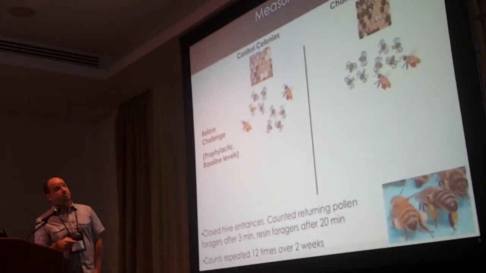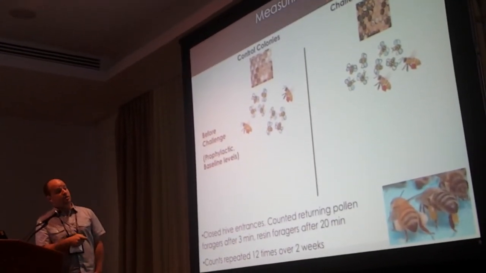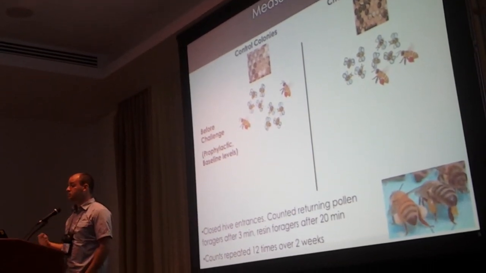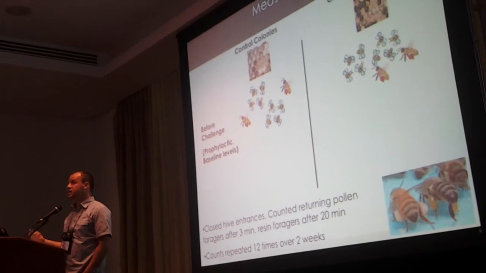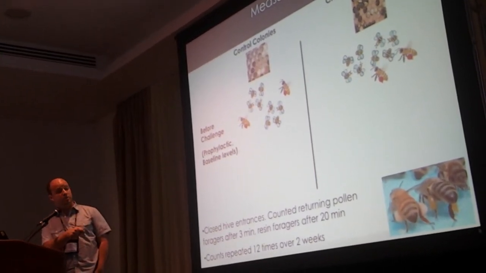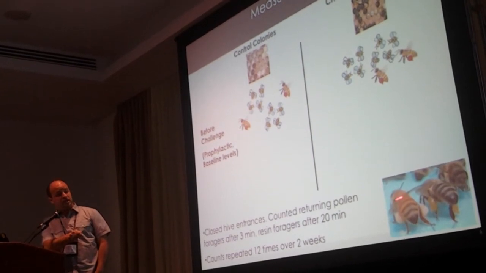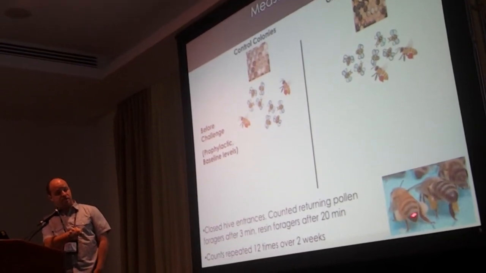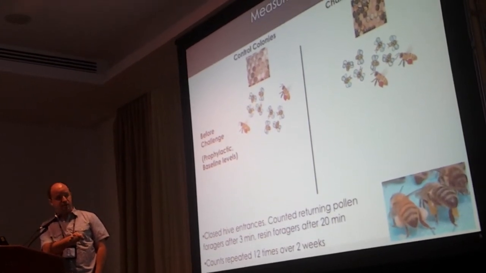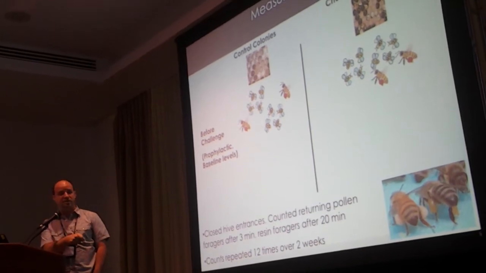All right, now in terms of resin use. To determine how much resin the bees are bringing in, we close up the entrances to hives and look for the number of returning resin foragers. Here, this is a pollen forager, and this is a resin forager. I've had lots of practice seeing hundreds of these, so I can tell the differences, but you might not be able to from this one picture.